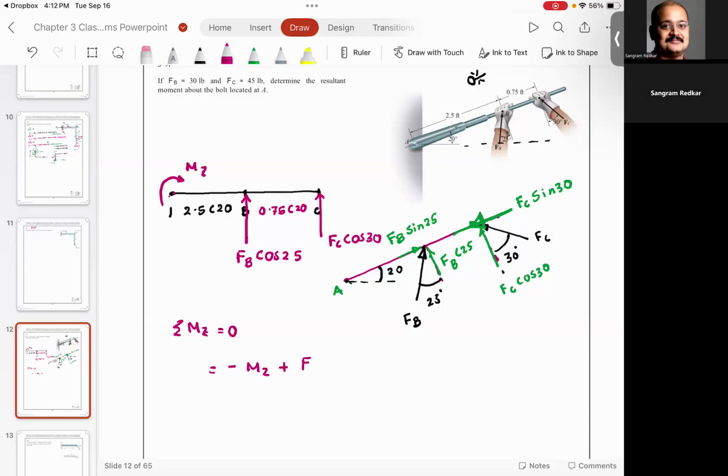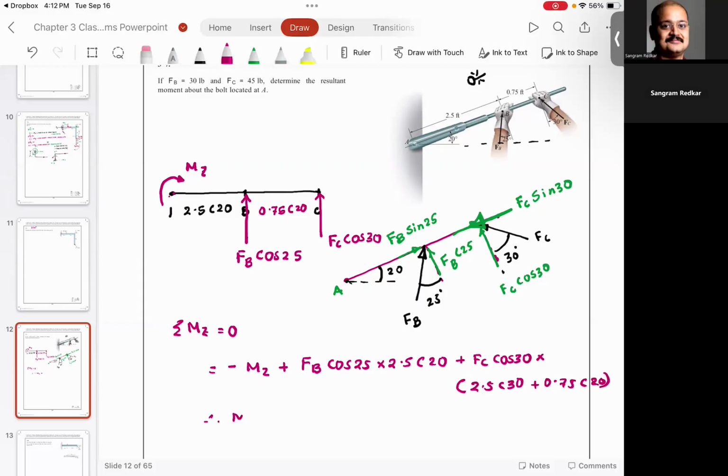It's going to be FB cosine 25 times 2.5 cosine 20, plus FC cosine 30 multiplied by the lever arm 2.5 cosine 20 plus 0.75 cosine 20.